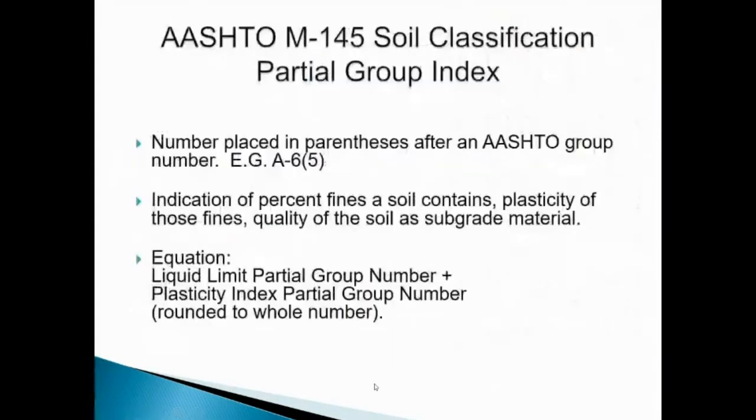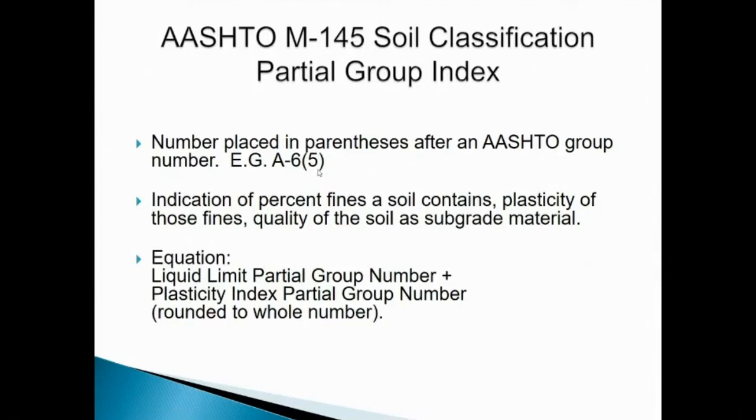So in addition to determining an AASHTO group number, the classification goes a bit further, and we are going to determine a partial group index number for our soil. Partial group index is a number that is placed in parentheses after an AASHTO group number. So an example, an A6 with a partial group index of 5.